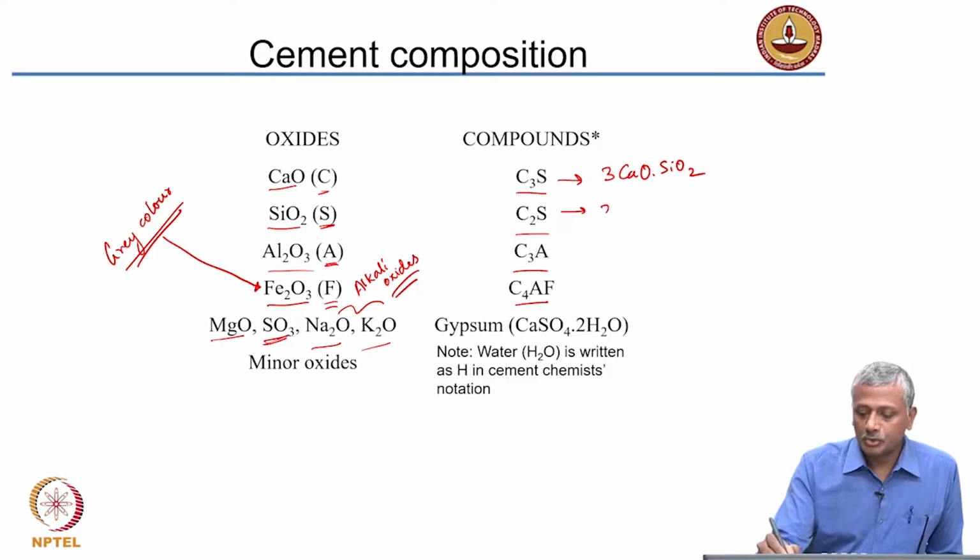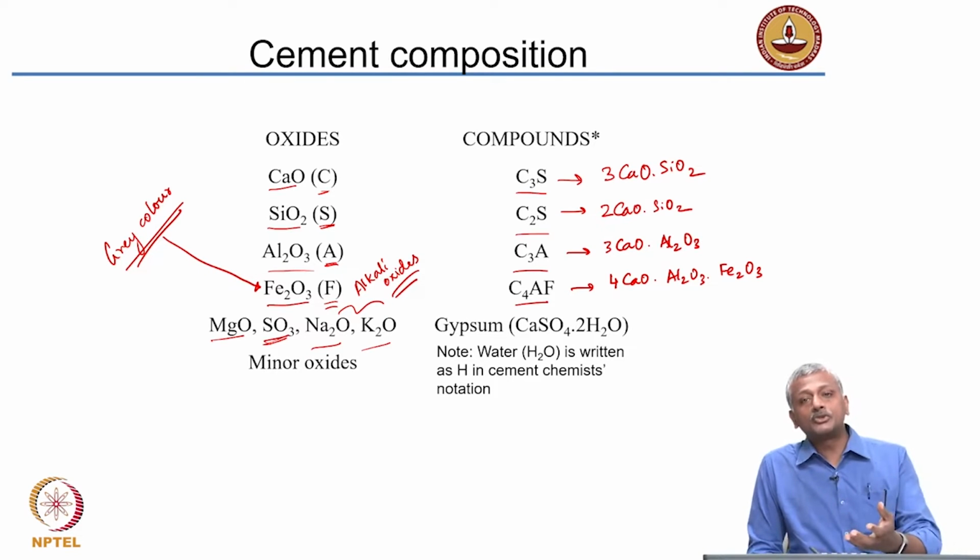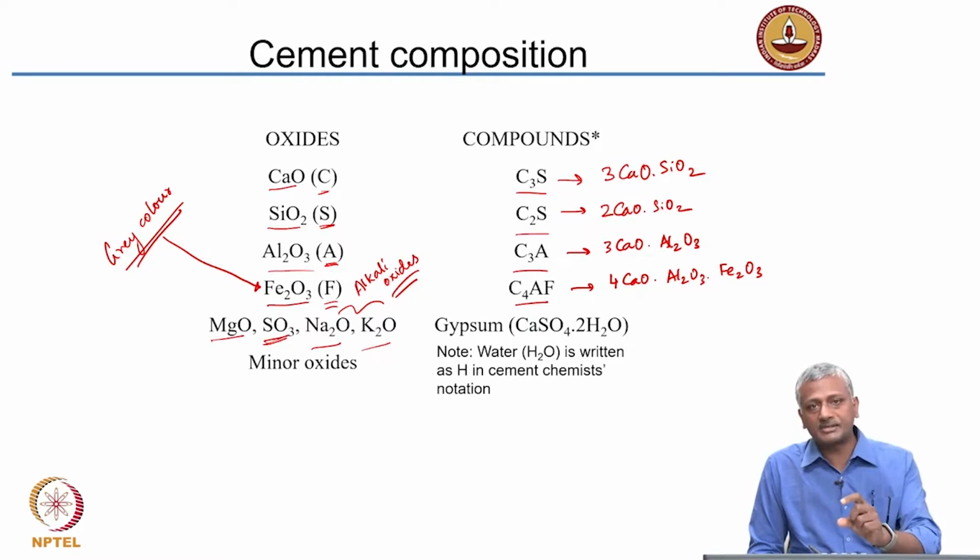C2S is 2 CaO SiO2. C3A is 3 CaO Al2O3 and C4AF is 4 CaO Al2O3 Fe2O3.